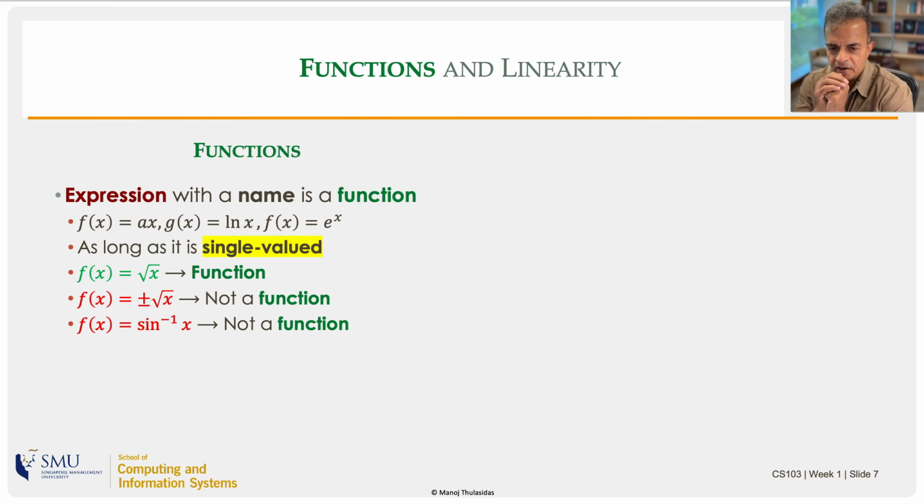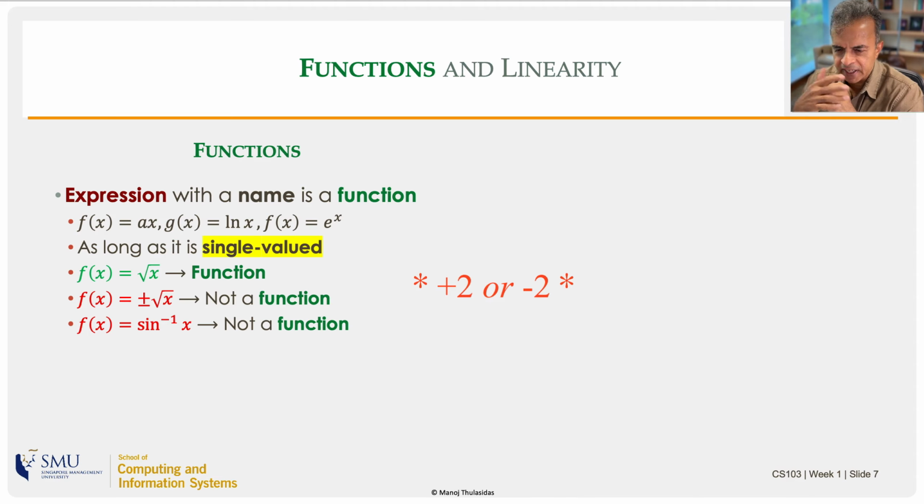But if I write f of x equal to plus or minus the square root of x, then it is not a function. If I take x equal to 4, I can get plus 4 or minus 4. So that's not a function by our definition. It's a multi-valued function, but we require our functions to be single valued.